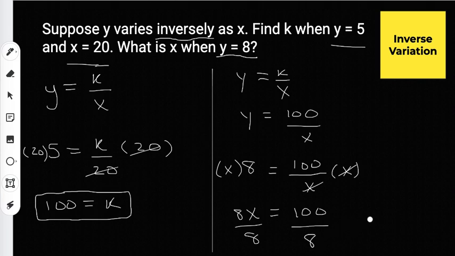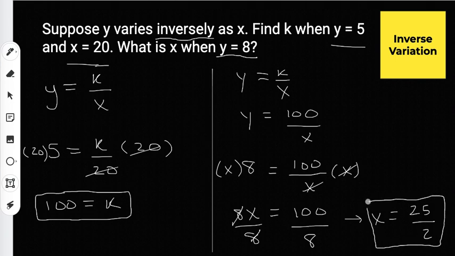I divide both sides by 8, and that's going to give me x equals 100 divided by 8, since the 8s are going to cancel out on the left side. And then 100 divided by 8, I can reduce that down as a fraction to 25 over 2. But I can't go any farther than that, so I'm going to leave my answer as this fraction.